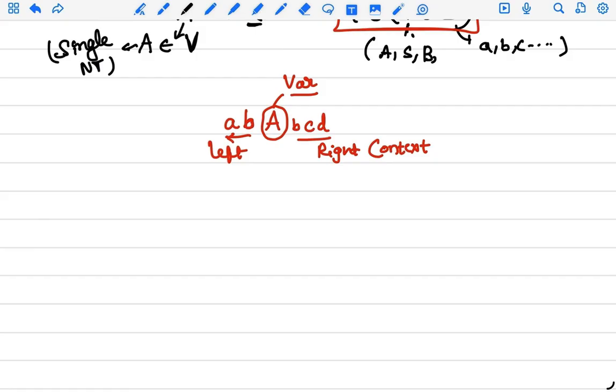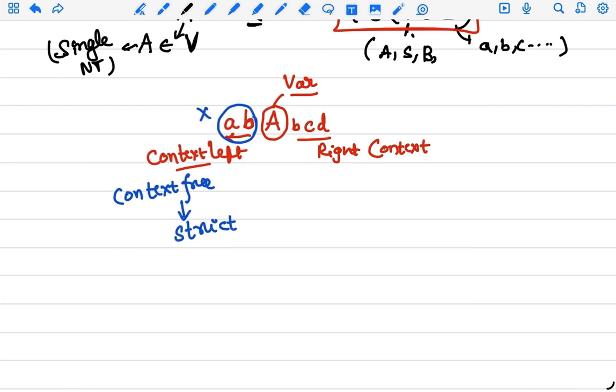Context free means there is no left context. In our lectures all these are context free.